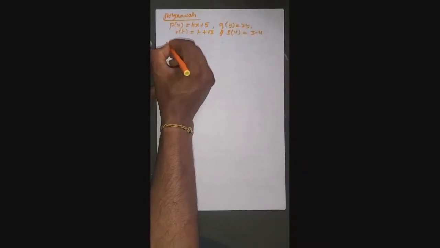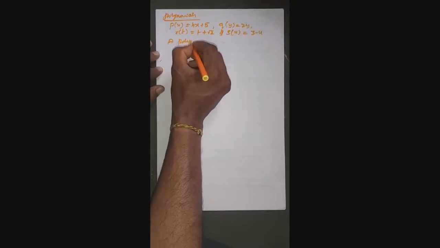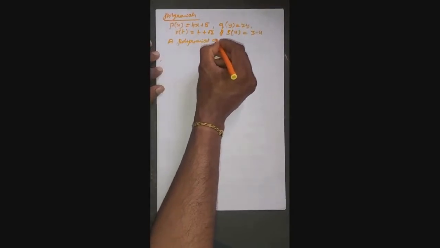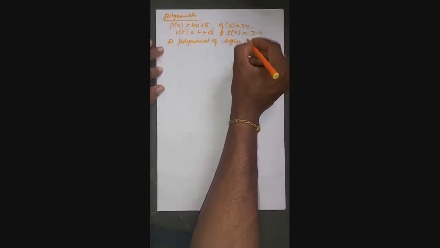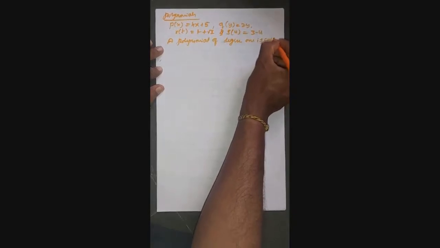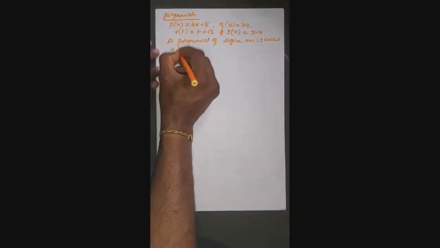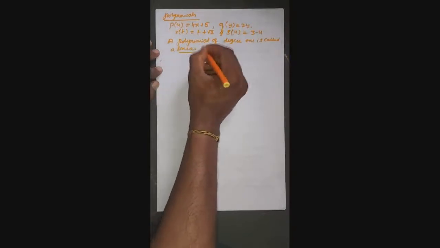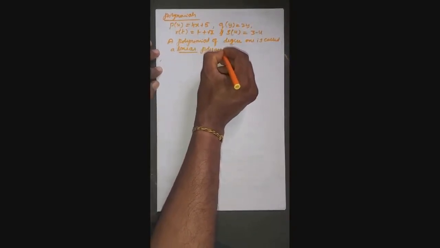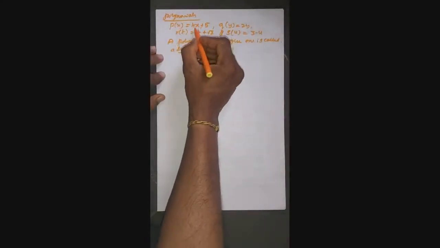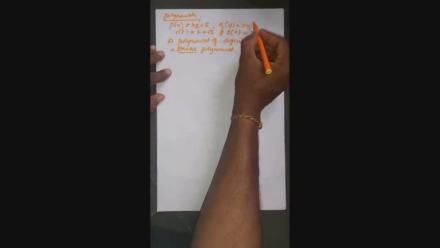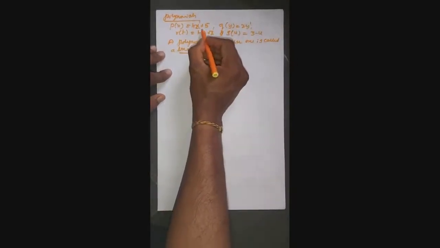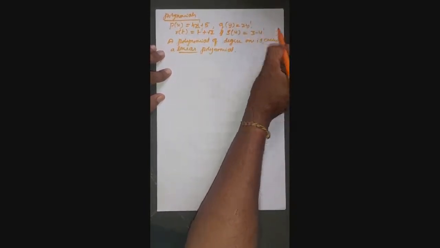Okay, a polynomial of degree 1 is called a linear polynomial. What can we call a linear polynomial? Okay, listen here, 4x plus 5, this variable has the highest power 1, here also 2y to the power of 1, here also t to the power of 1, here also 3 minus u to the power of 1, right?